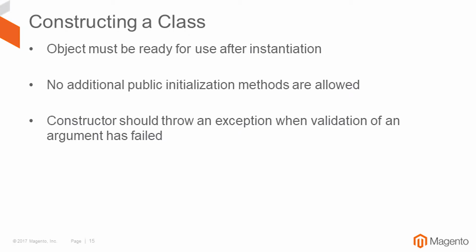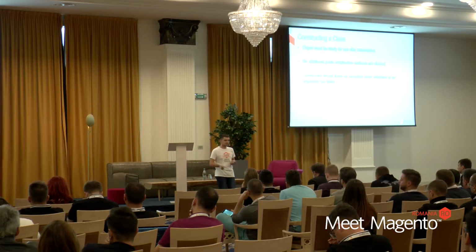So yeah, proceeding with the class design, one of the points we mentioned in the technical guidelines is that all objects must be ready to use as soon as they are created. We do not encourage any kind of business logic, or even any kind of initialization, in the constructor.